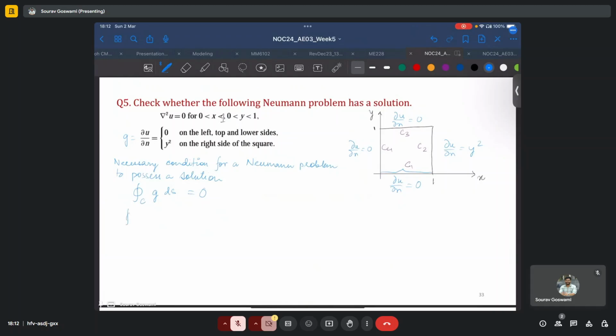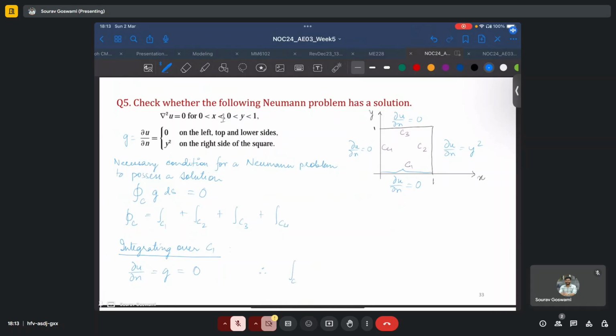So what we are trying to do is break this cyclic integral between the curves. Let us now perform this integration one by one over each of the sides. First, over the side C1, we are told that dou u dou n, or g, is equal to 0.